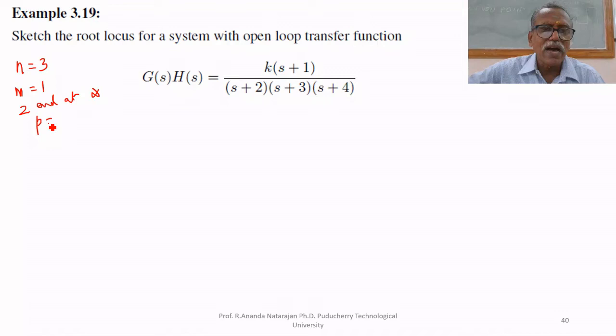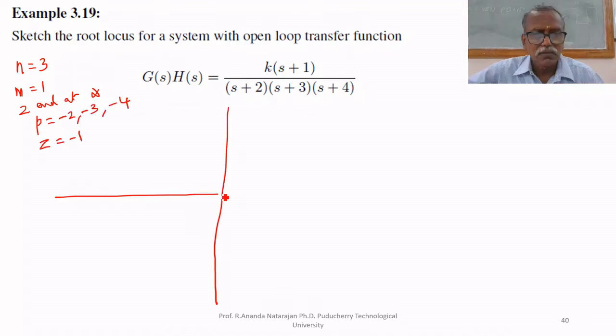Now we have to draw the root locus. In the graph sheet, take only one column on the right hand side, because root locus normally won't be on the right hand side. If it is there, you take. Otherwise, you can shift the y-axis not in the middle, but to the rightmost.